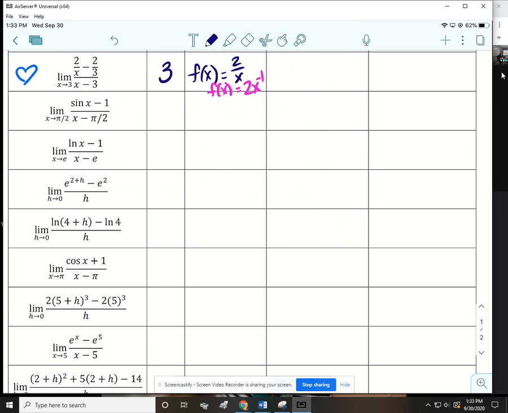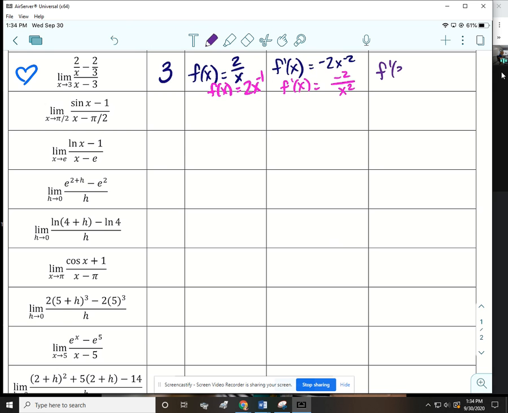All right, y'all find that derivative for me, please. Right, so you would get negative 2x to the negative 2, which I would want you to rewrite as negative 2 over x squared.